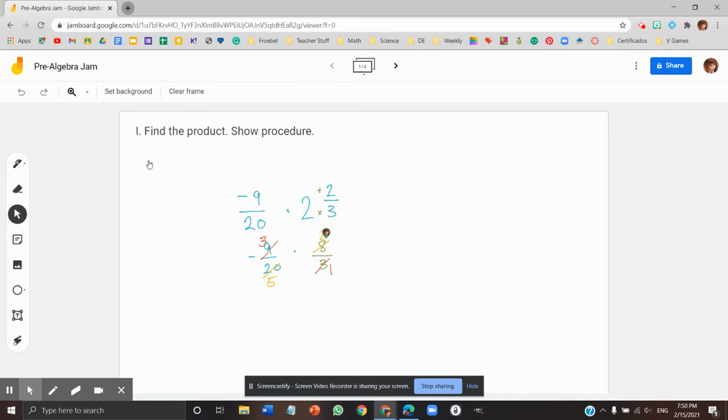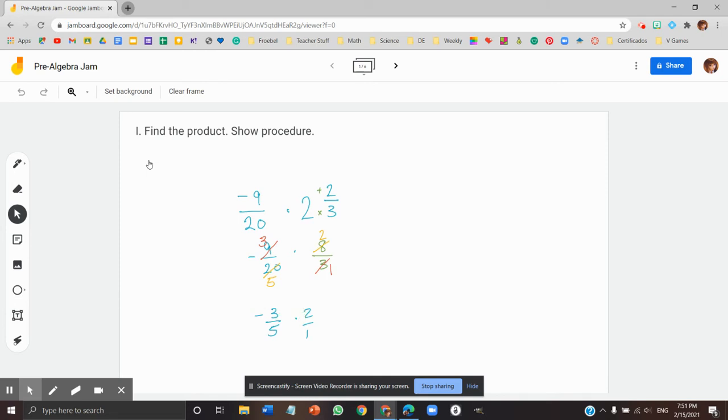So I know that looks like a bunch of gibberish, so I'm just gonna rewrite it all. I have negative 3/5 multiplied by 2/1. This is what I have left. Now that I have already simplified, now I can multiply, right? And remember that when we multiply, we do it from left to right.